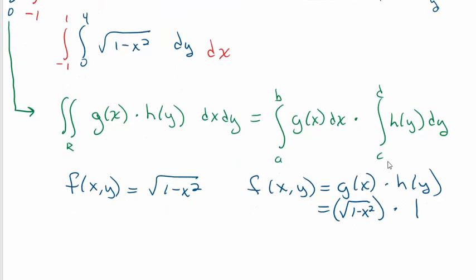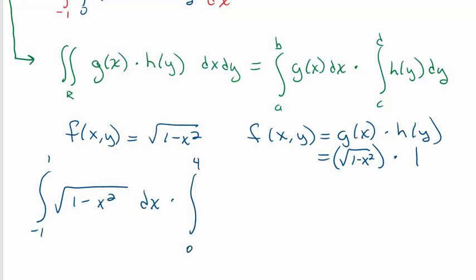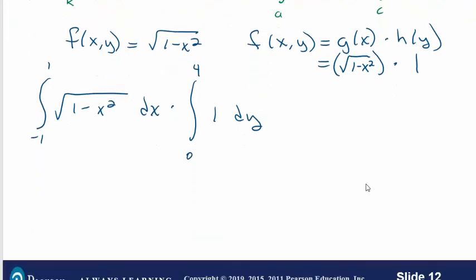Yeah, a little tricky. Okay, so I could rewrite then this integral as the integral from negative 1 to 1 of the square root of 1 minus x squared dx, times the integral from 0 to 4 of just 1 dy.